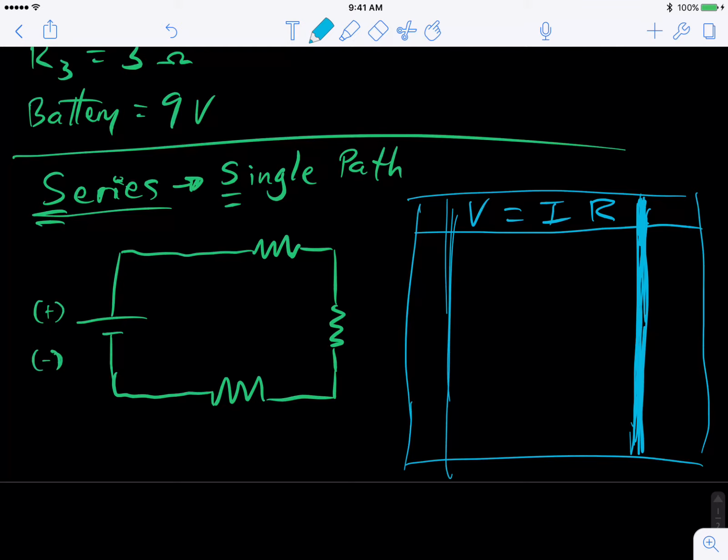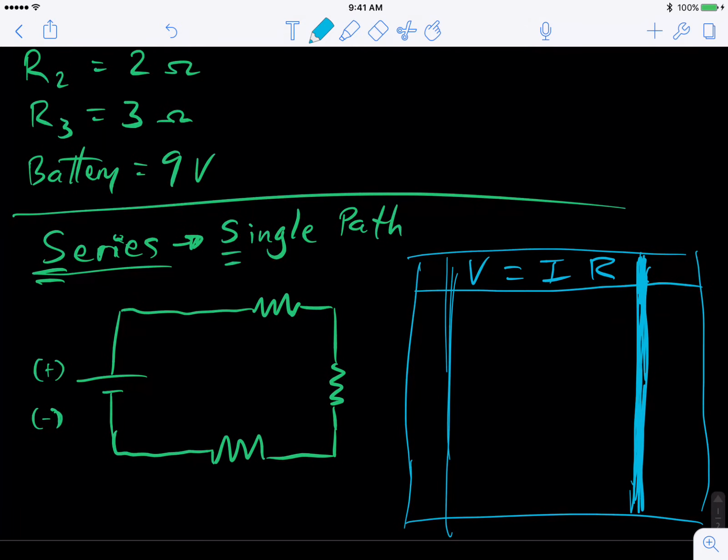Now we're going to make some rows in our VIR chart. The rows are going to be, we're going to make one row for each resistor. And so let's name these resistors. We had resistor 1, R1, and that was equal to 1 ohm. And then we had resistor 2, we'll call it R2. That's my favorite one because of R2D2.